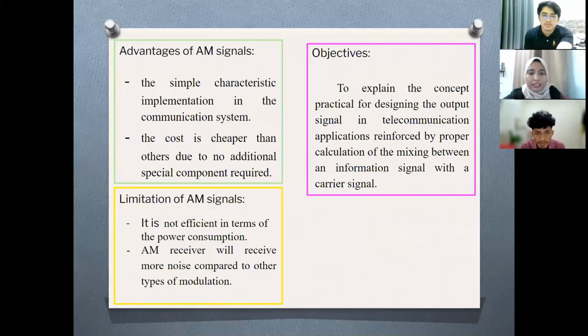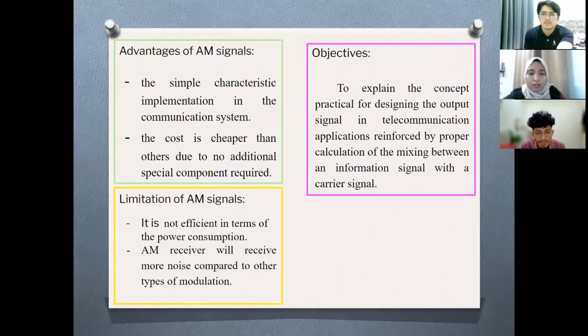The advantages of AM signals are firstly the simple implementation in the communication system, and secondly the cost is cheaper than others due to no additional special component required. Next, for the limitations of AM signals, firstly, it is not efficient in terms of power consumption, and secondly, the AM receiver will receive more noise compared to other types of modulation.